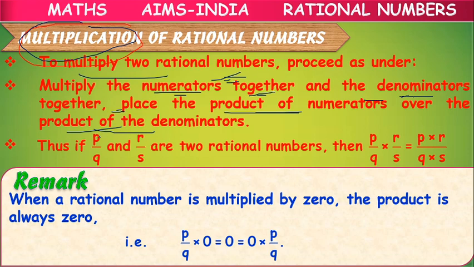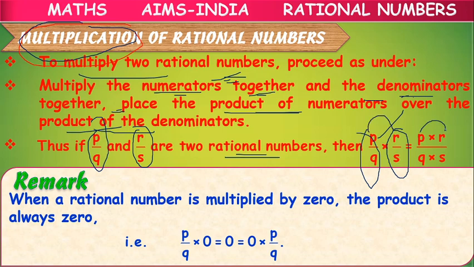If P by Q and R by S are two rational numbers, we multiply the numerators P into R, and the denominators Q into S separately, and the product of numerators P into R is kept over the product of denominators Q into S.